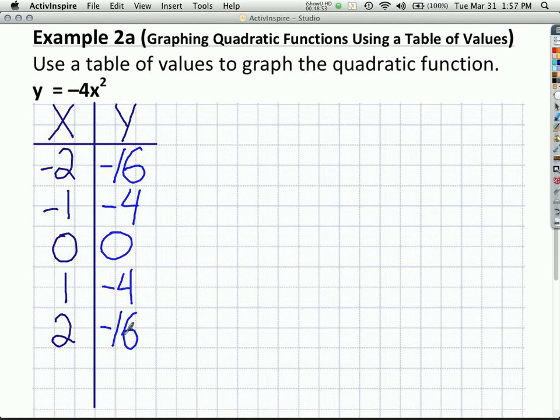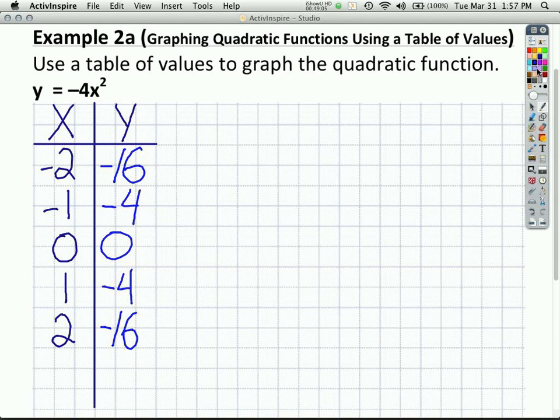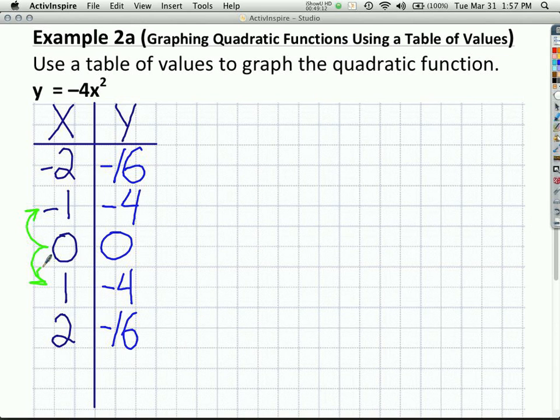Jamel, your hand shot up right away. Very good. So you will notice that if you set up things properly, if you make the distance here the same as the distance here, these 2 values will mirror each other.